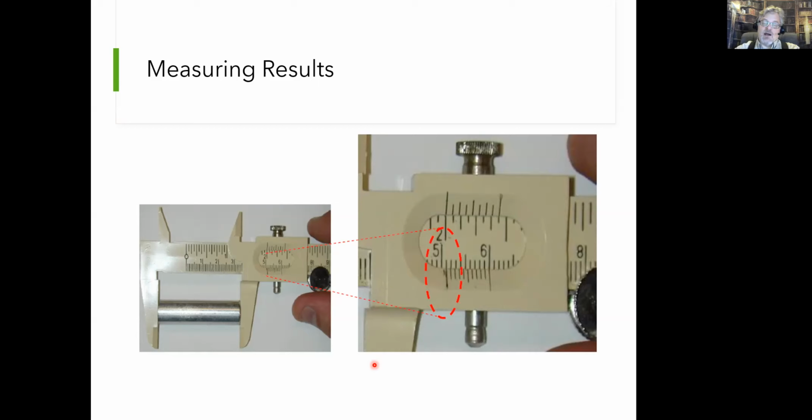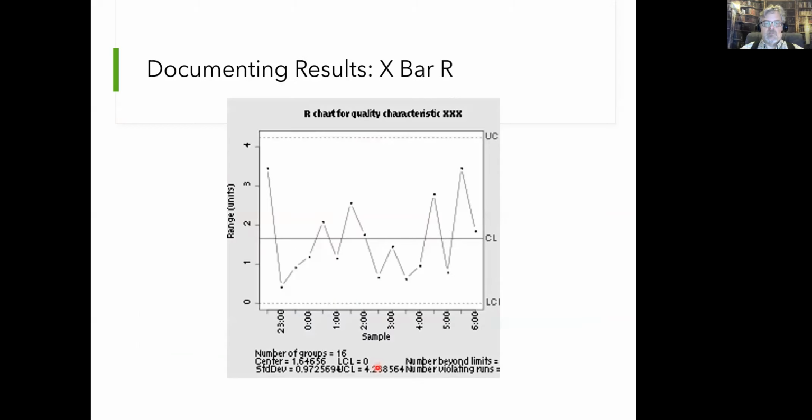Generally, in a manufacturing operation, they're going to measure samples every 3 or 5 or 20 pieces, depending on the volume of pieces running through your shop. They're going to measure samples. When you first start machining parts, you probably need to measure every sample. Then they document those samples, and they document on what's called a typical X bar R chart.